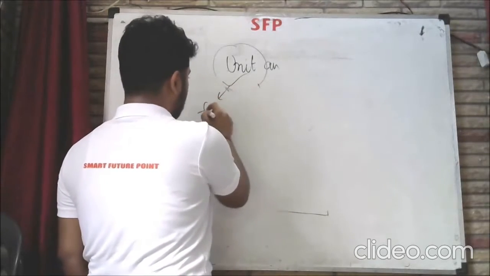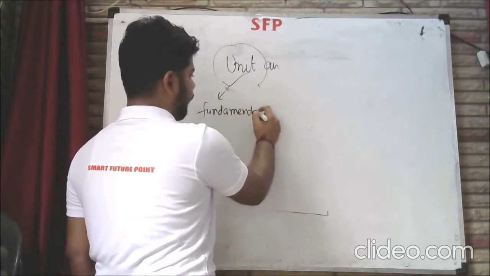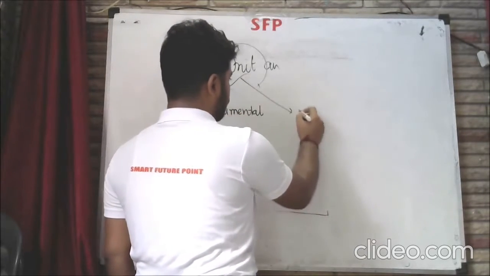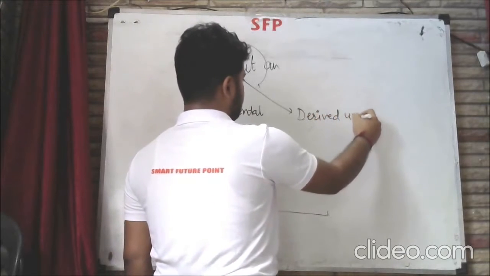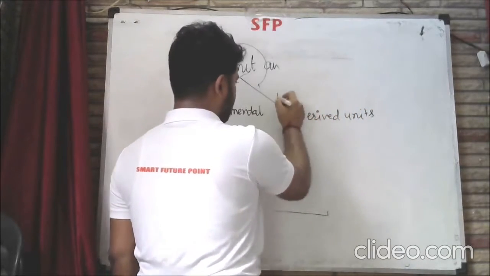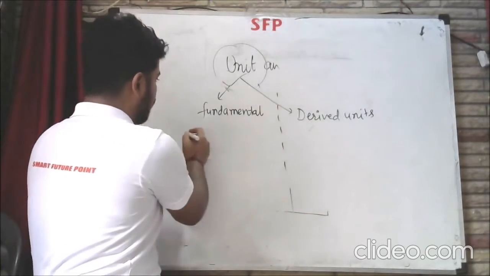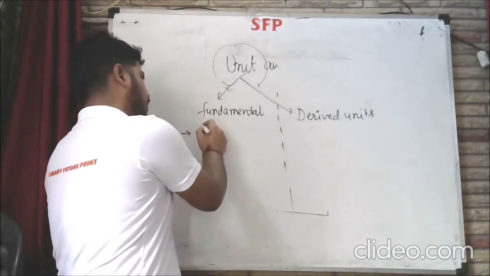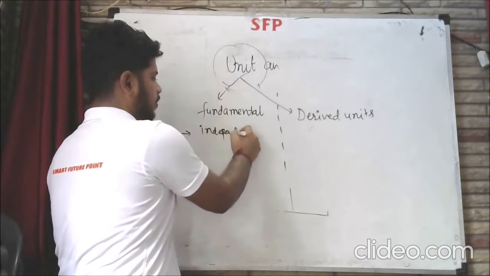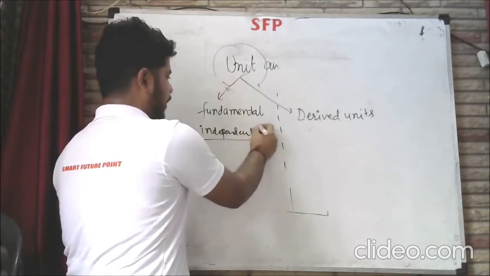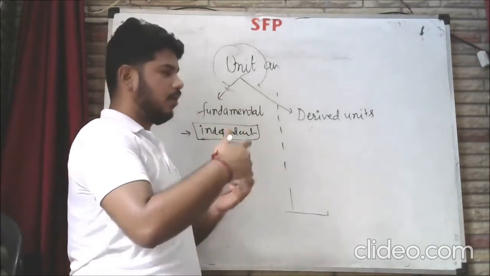First is known as fundamental units. Second is called derived units. What is the difference between them? I'm going to list it. Fundamental means independent, which means it does not depend on each other.